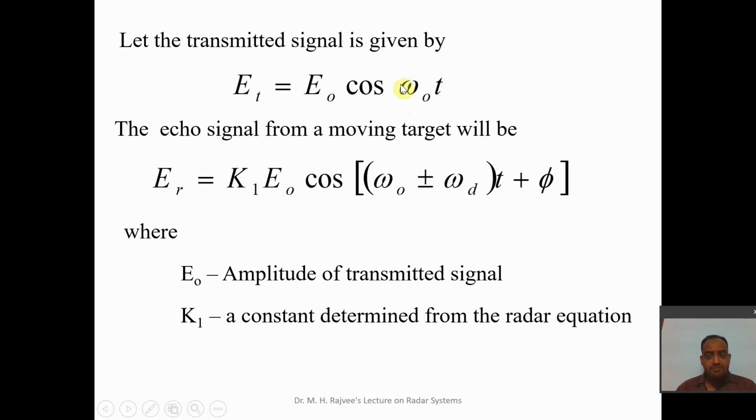The incident energy frequency is f0 with 0 phase, whereas the received signal will have a shift of omega d, depending upon the direction of the target. Omega naught plus omega d for an approaching target, omega naught minus omega d for a receding target, plus this phase change. 1, 2, 3 differences between these two signals.